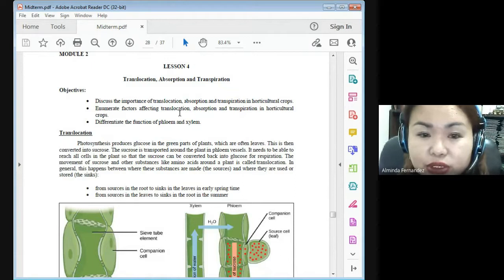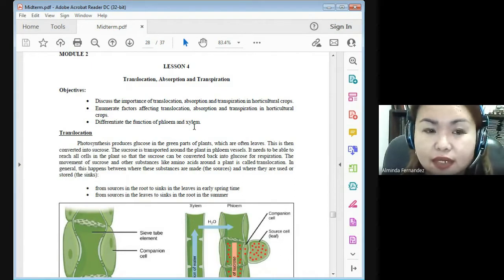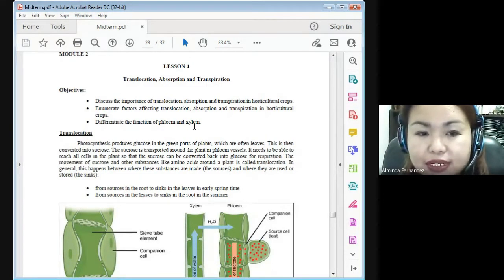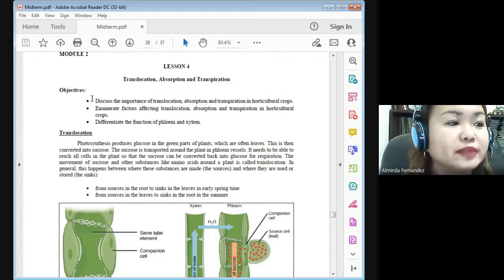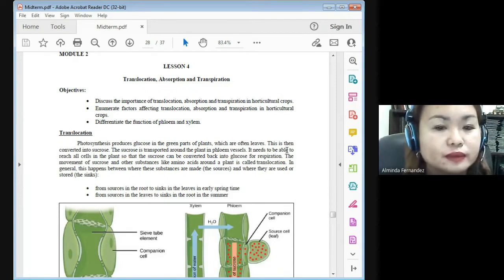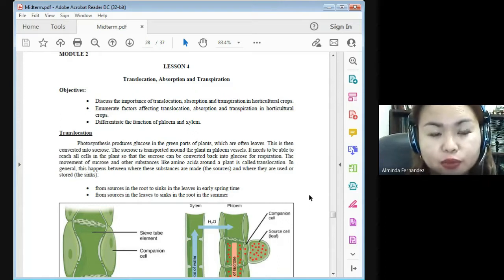This is on translocation, absorption, and transpiration. Last time we discussed respiration, wherein the plant will utilize the photosynthate from photosynthesis for growth and development.